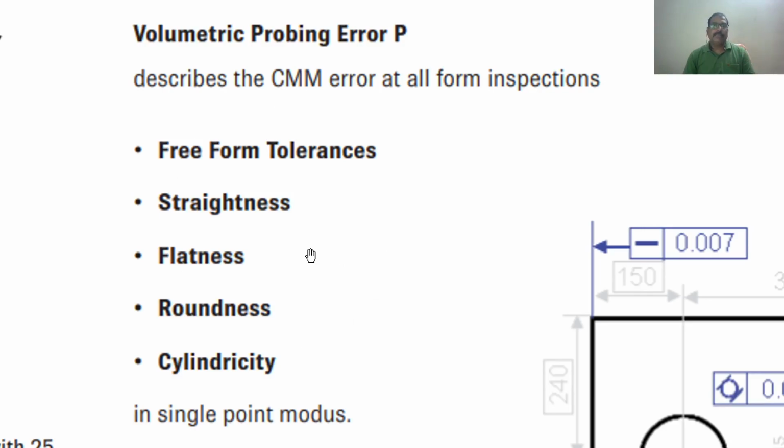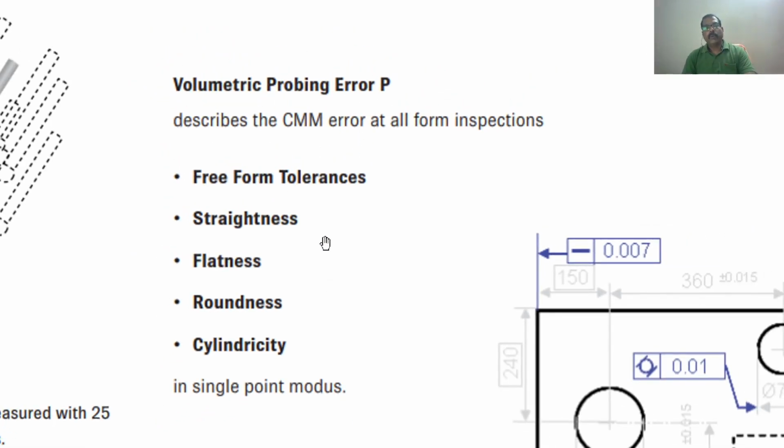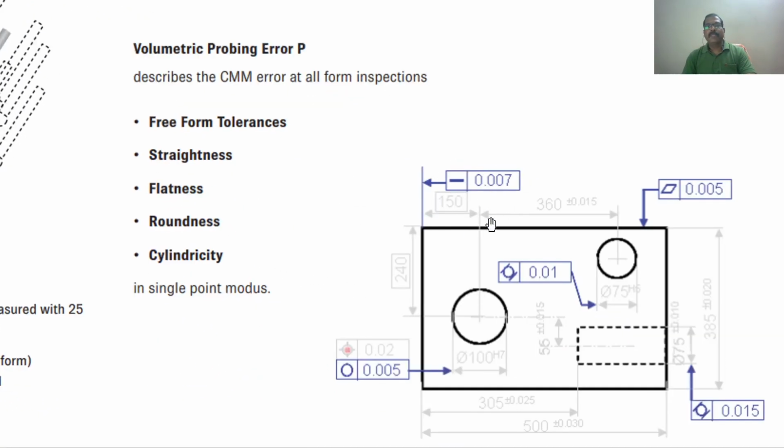If we are saying from the CMM that we have measured this flatness or roundness or cylindricity with some percentage of error, first we have to do the calibration, the volumetric probe error we have to calculate. These are all the highlighted ones. The blue color one is the form errors, like parallelism, cylindricity, straightness, flatness or circularity errors.